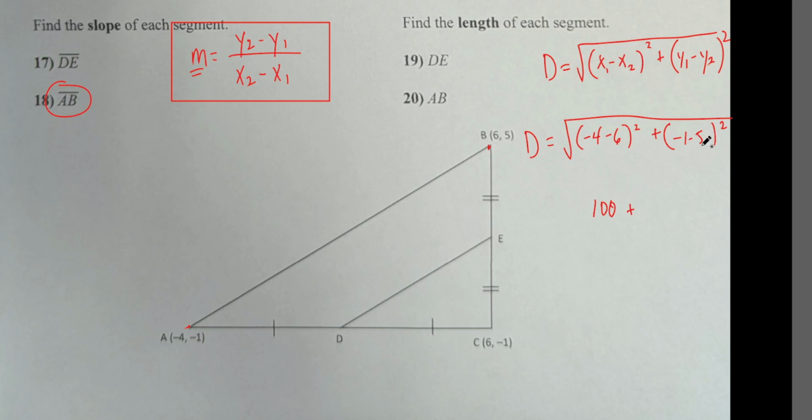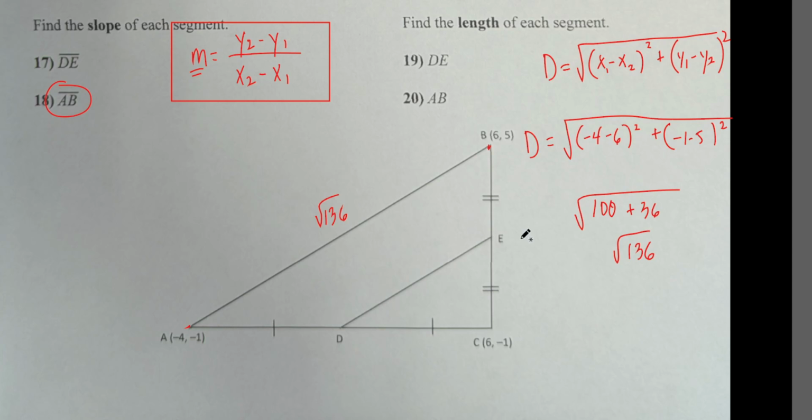This is negative 6. What's negative 6 squared? That's 36. That's all under a square root. So that's the square root of 136. Now this can be simplified, but just keep it like that. That's perfectly fine. So that means this length right there is the square root of 136. You don't even need to put it into a calculator, okay? Just keep it just like that. Just making it easy for you, all right?